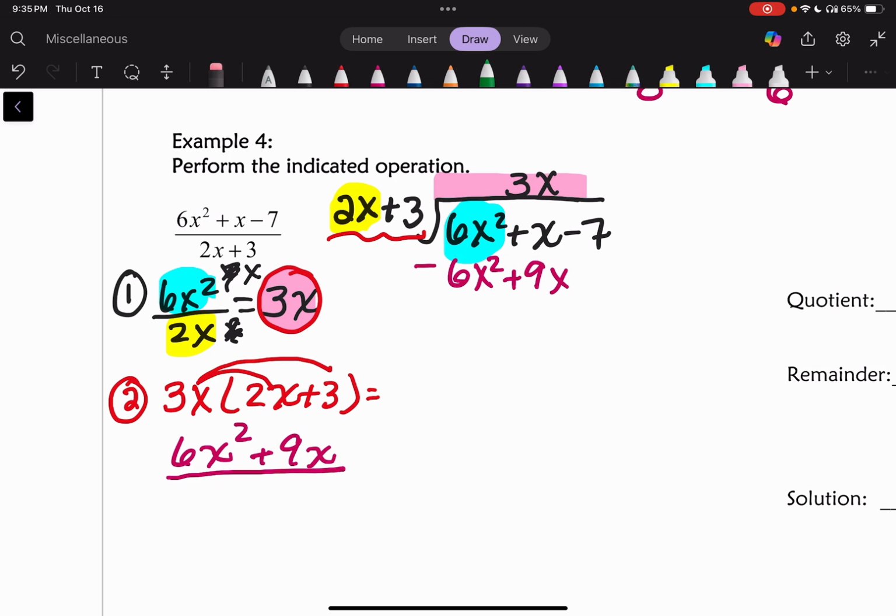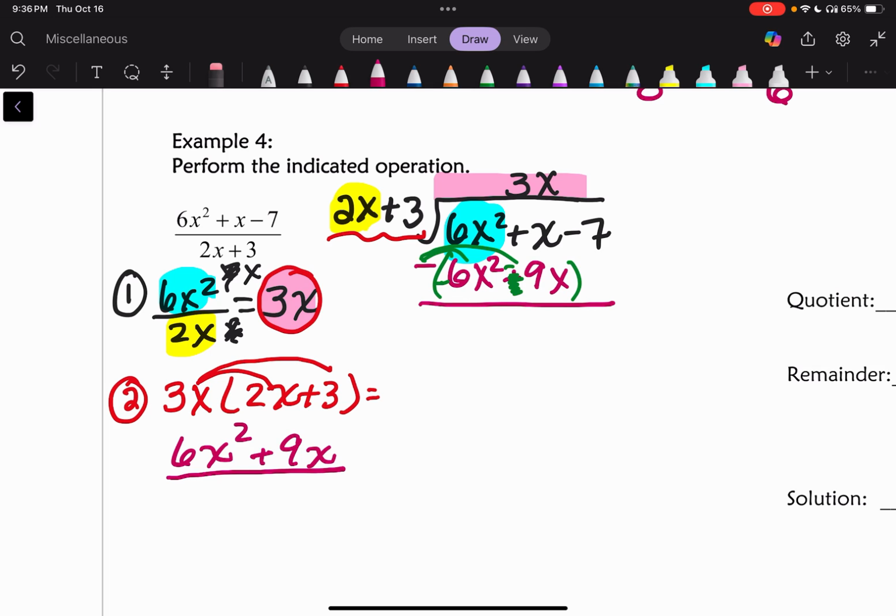And then, like I said, use those parentheses because it is helpful to distribute that negative, because that's going to turn into a negative 6x squared. Distribute again, and this is going to turn into a negative 9x. So then from there, we are still on that subtraction step, right?